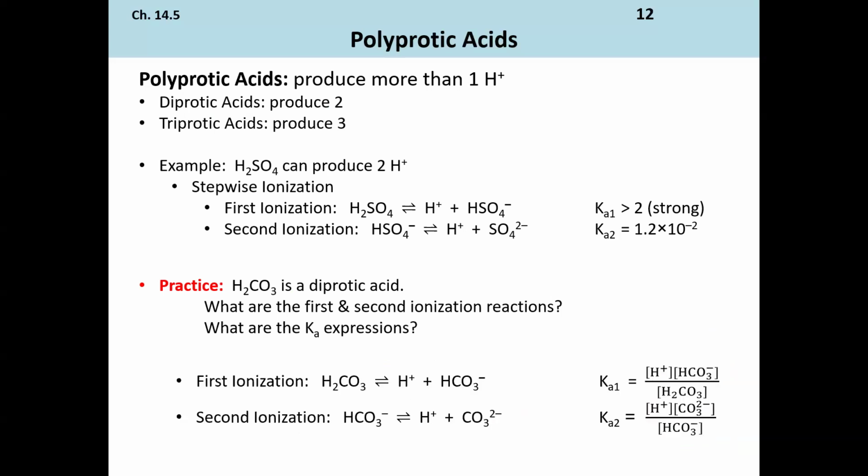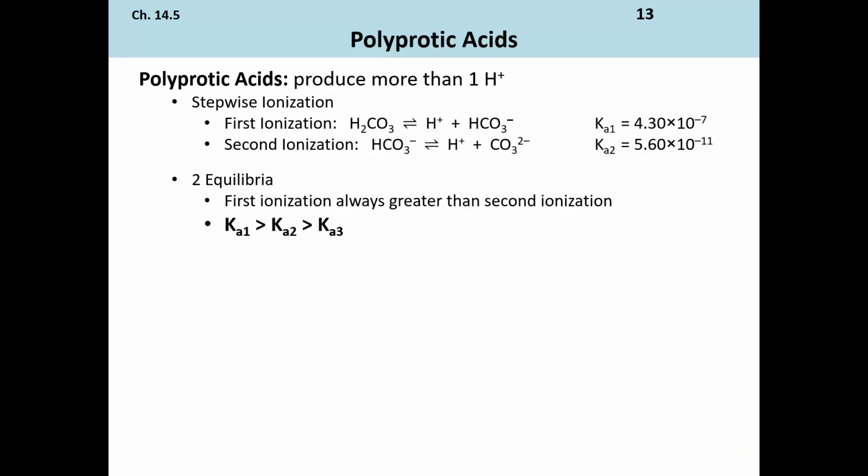All right. It always is the case that the first ionization Ka is greater than the second ionization. So Ka1 will be greater than Ka2. It will be greater than Ka3, which we'll talk about in a second.